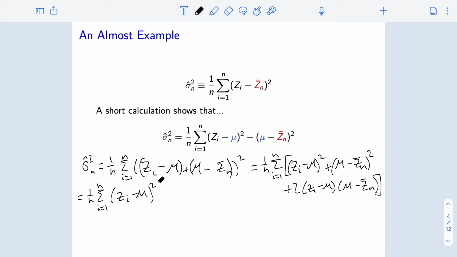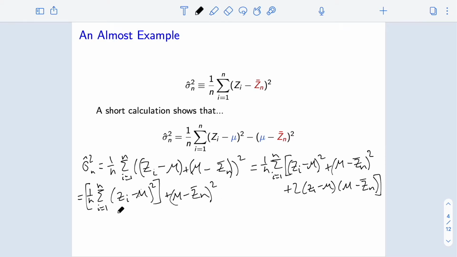The second term actually does not depend on i. So since we are averaging n identical terms, this is just equal to (mu minus Z bar n) squared. And for this final term, this piece depends on i, this piece does not, so it can factor out of the sum.